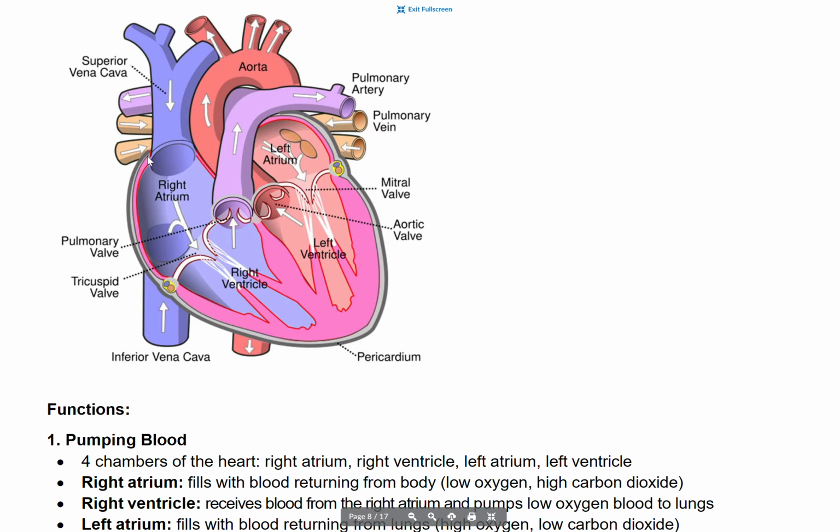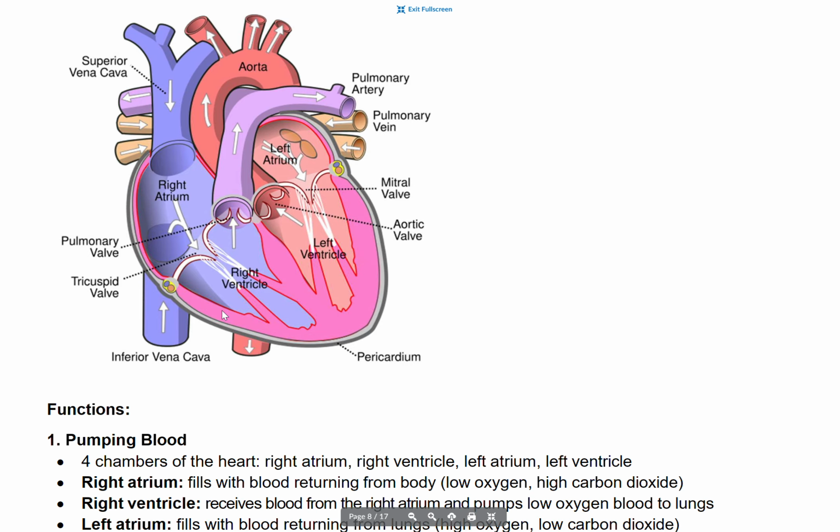This is muscle, right? The ones around the atria are very thin, and that's because they only have to pump into the ventricle. Meanwhile, the ventricles are both thicker than the atrium chambers because the right one has to go to your lungs, and the left one has to go to your entire body.